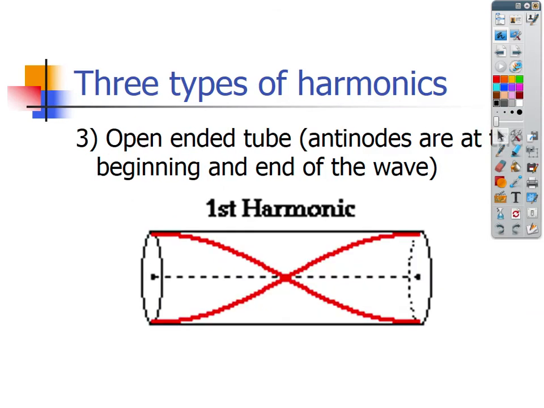The third situation is an open-ended tube, where now both sides are completely open. This would be flutes and brass instruments, where you have openings on both ends, essentially. Since it's open on both ends, I have antinode, antinode.